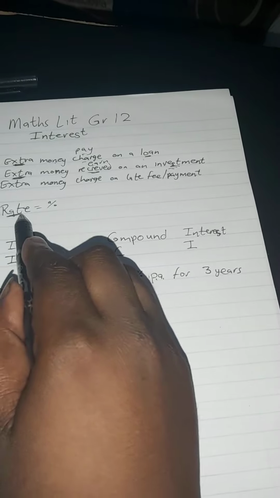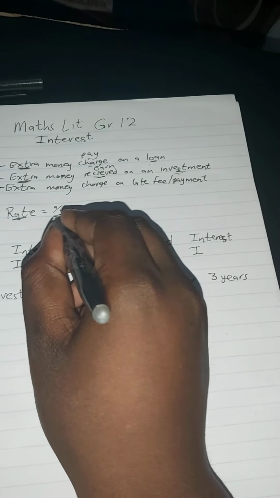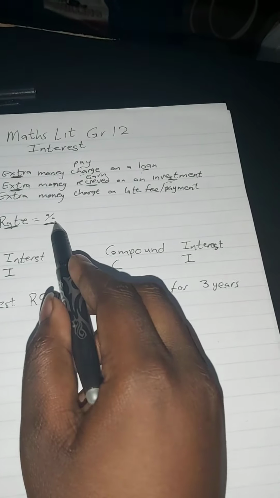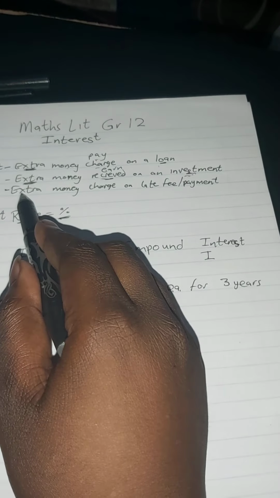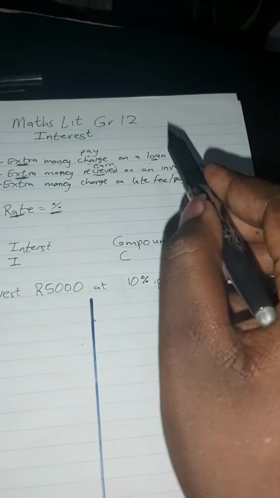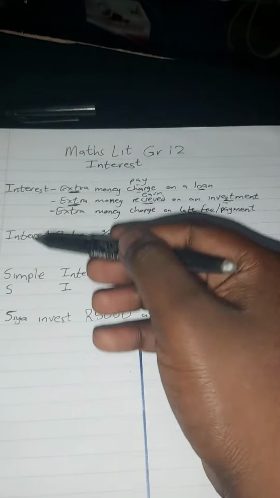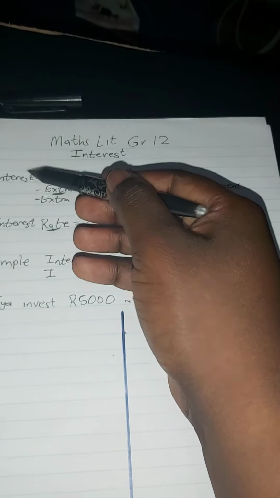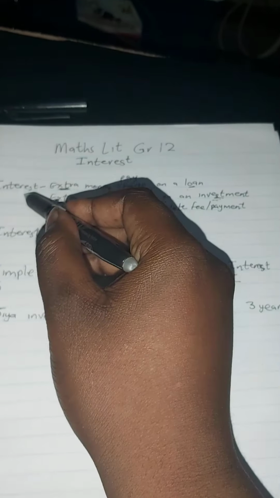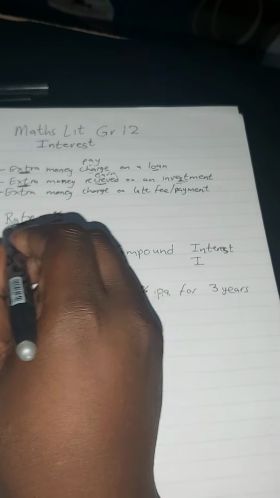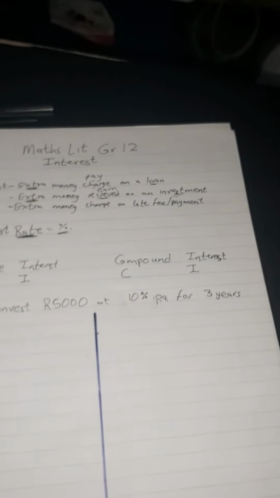The keyword for interest rate is percentage: a percentage used to determine the extra money charged on late payments or fees. So I hope you can clearly see the difference. Interest is the actual amount. Interest rate is a percentage.